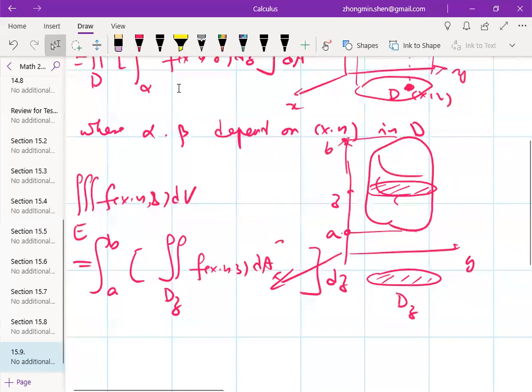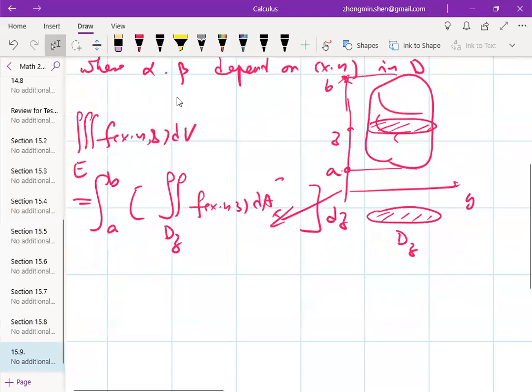Then you evaluate that first, you get a function of z, then you evaluate the integral of that function with respect to z. So there are a couple of ways to do it, and sometimes this idea works very well.